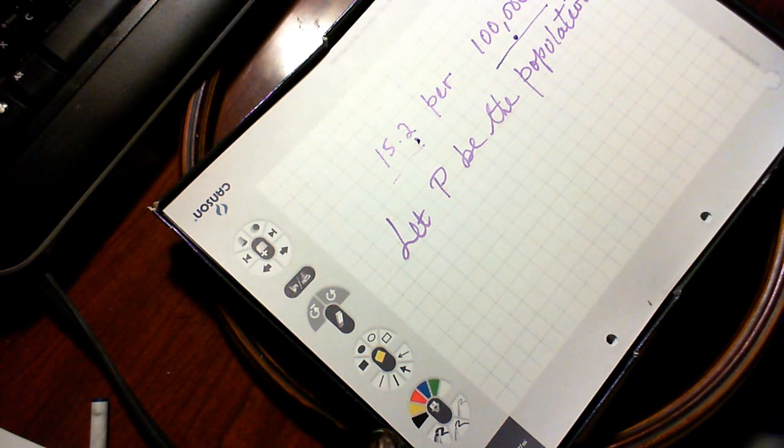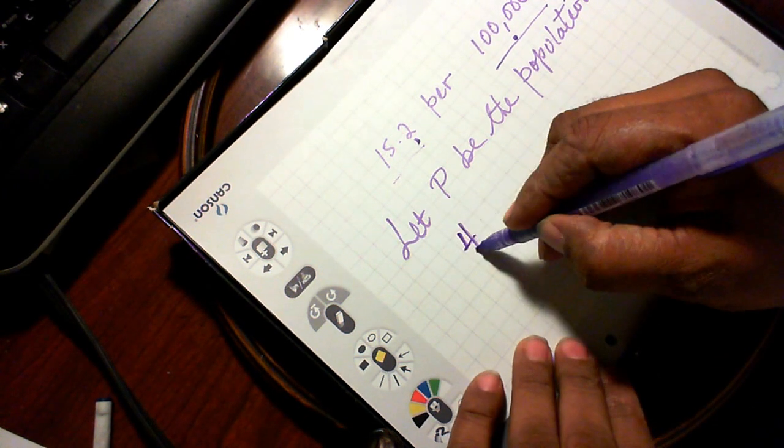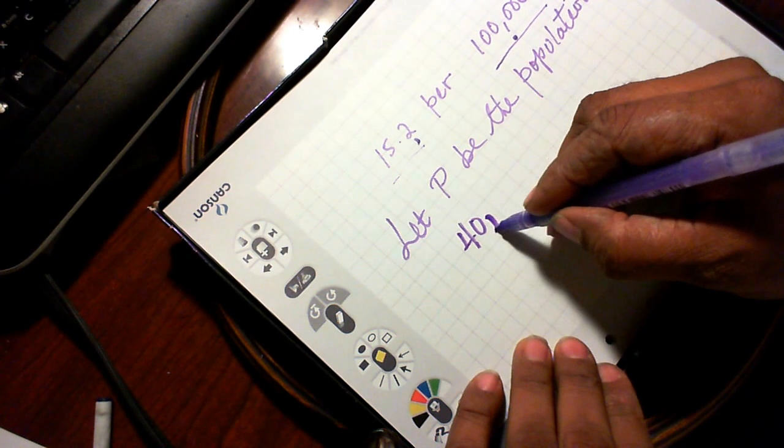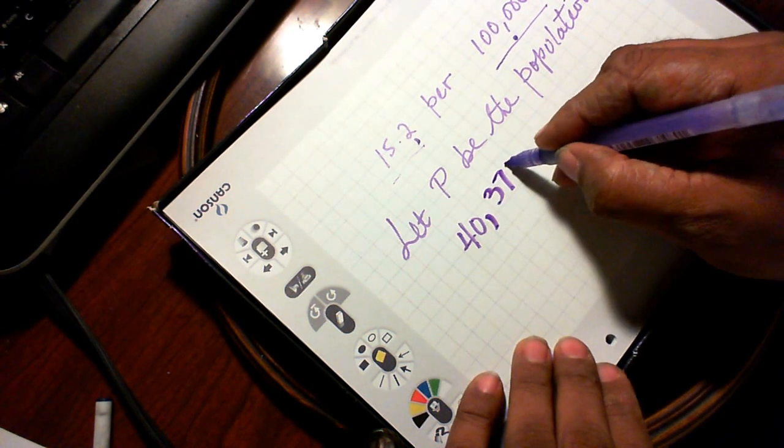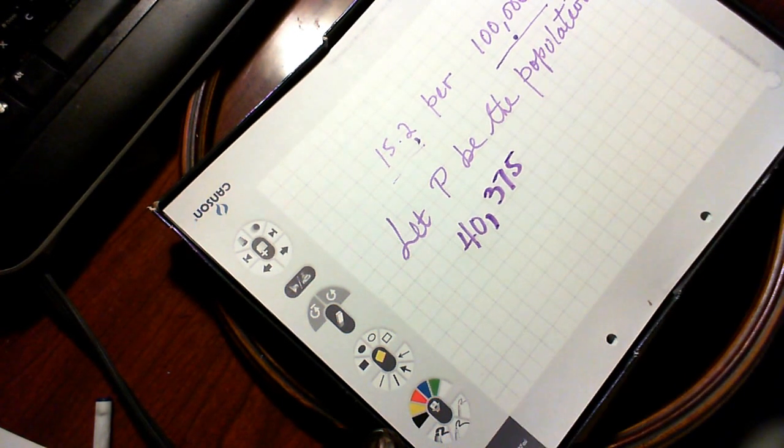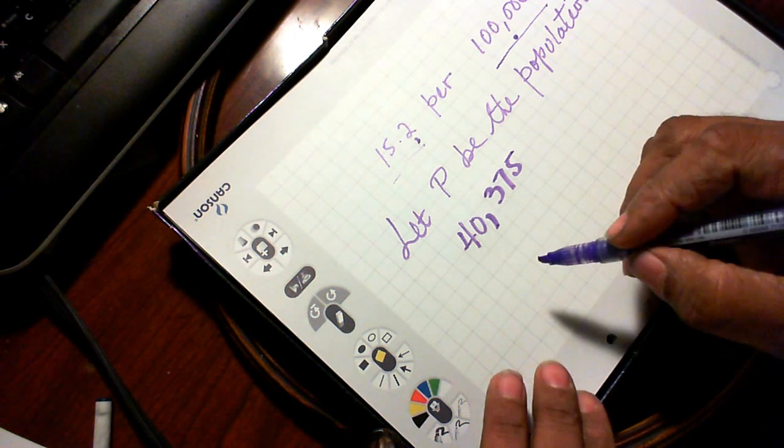Can we solve this using a ratio? Well, think about this. The number of fatalities is 40,375, and we're trying to find out what the population is. Now, it's not too hard. So let's see how we're going to solve this.